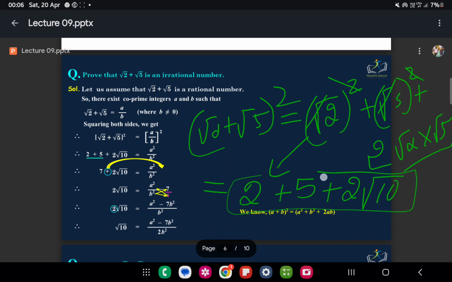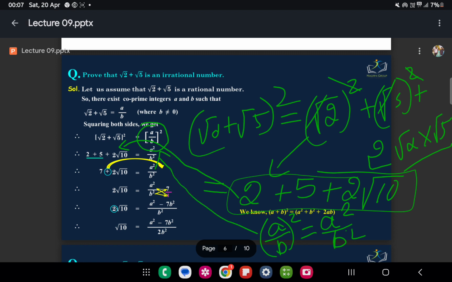So we will get this answer, 2 plus 5 plus 2 root 10 equals a plus b whole squared. That one they have split and written. This also I will write here: a by b whole squared is equal to a squared divided by b squared. This one also they have written here, a squared over b squared, split according to the laws.